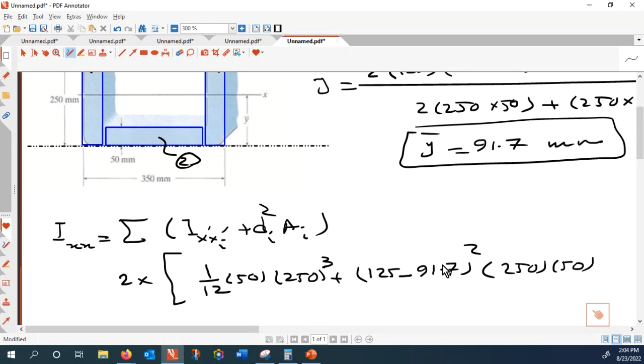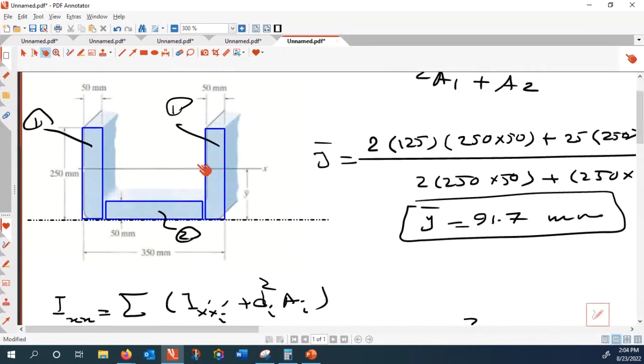Beg pardon? Yeah, that's the area. The last one is the area. 250 times, no, 125. 125 is the centroid of that rectangle. So that centroid, how much offset it has with respect to the reference point from that of the composite shape. So that is somehow, let me show you.